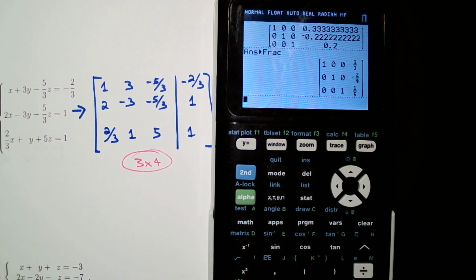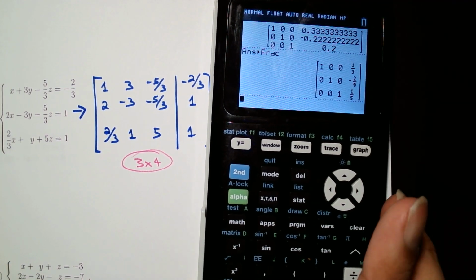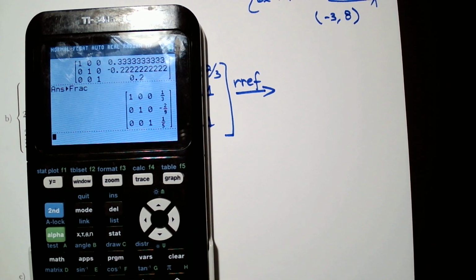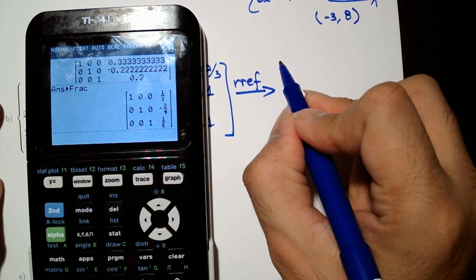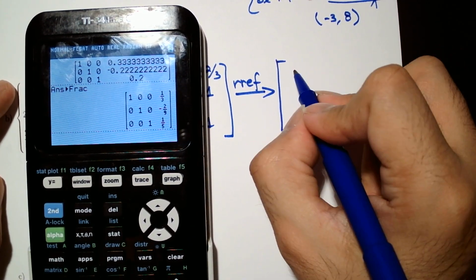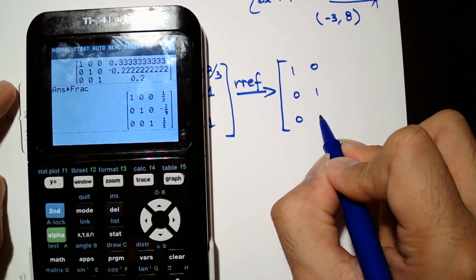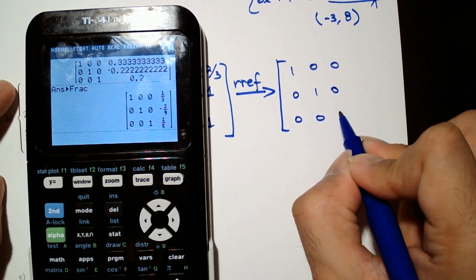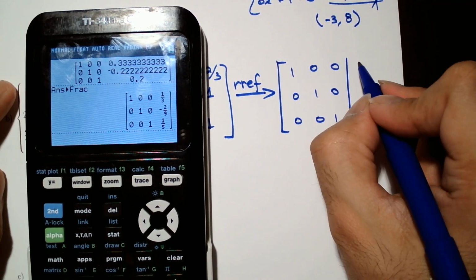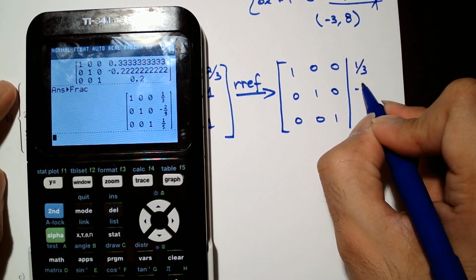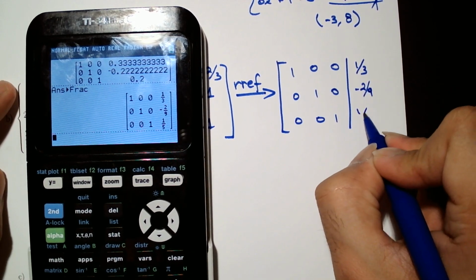And that's going to give you the reduced matrix. So in this case, the reduced row echelon form is going to be 1 0 0, 0 1 0, 0 0 1 bar 1/3, negative 2/9, 1/5.